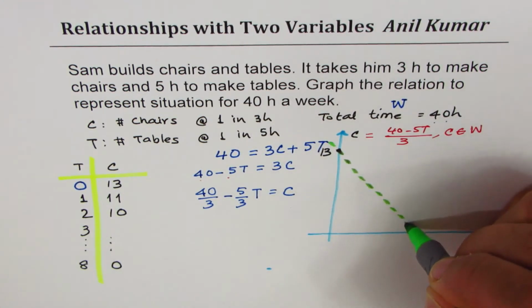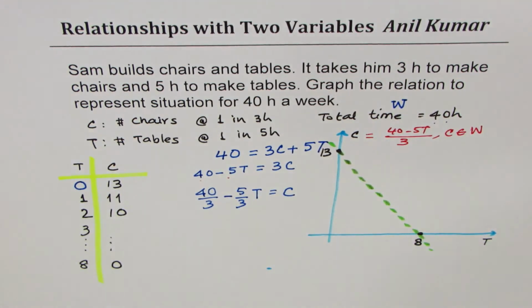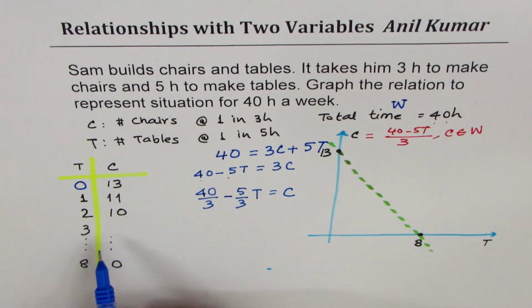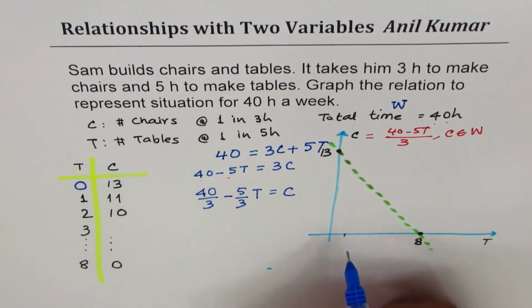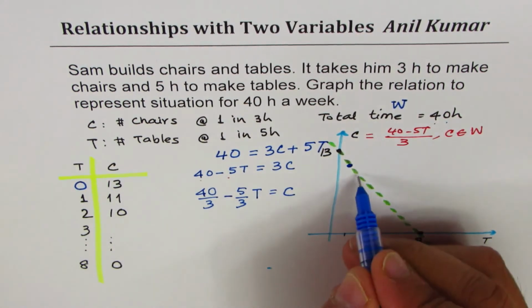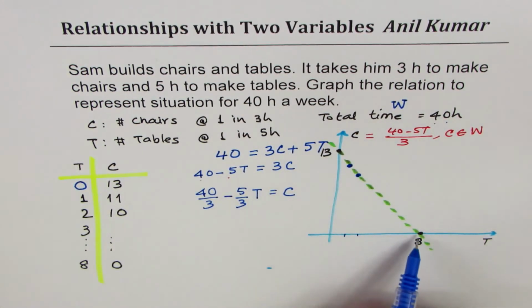Now I'm joining this line with a dotted line mainly because we have whole numbers as our solution. You get my point? So at 1, we are expecting a value of 11. At 2, we are expecting 10. These points are very close to the line.